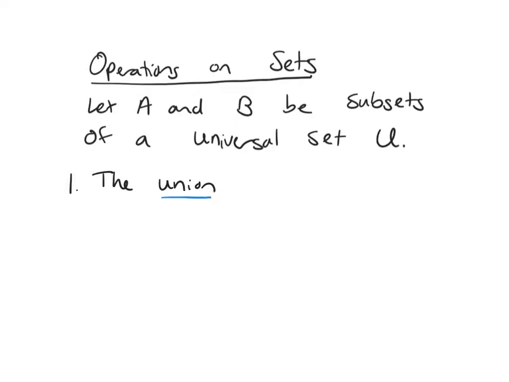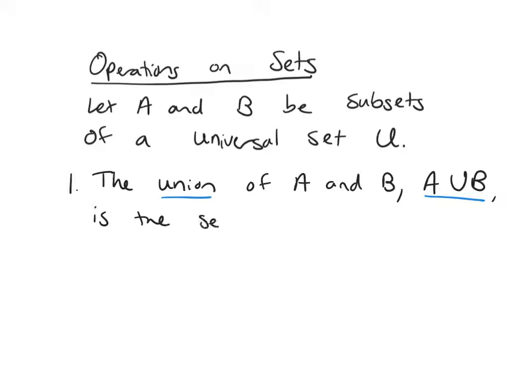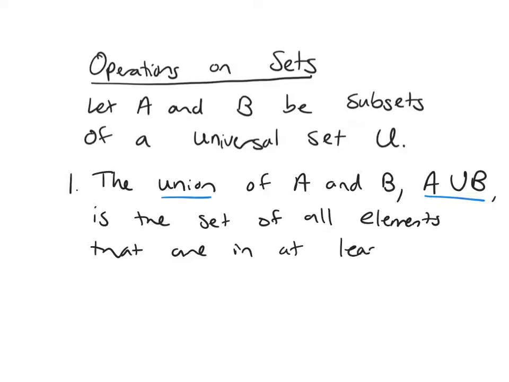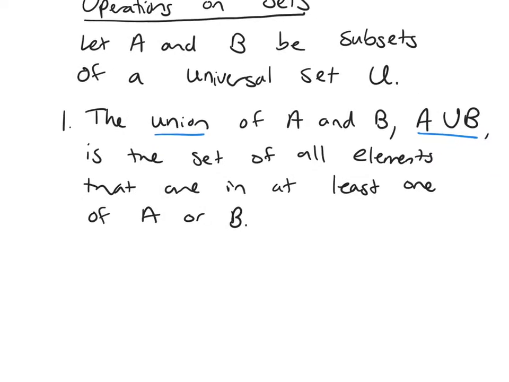The union of A and B, the way it's denoted is A union B, is the set of all elements that are in at least one of A or B. So you kind of just put all the elements together from A and B into one set.